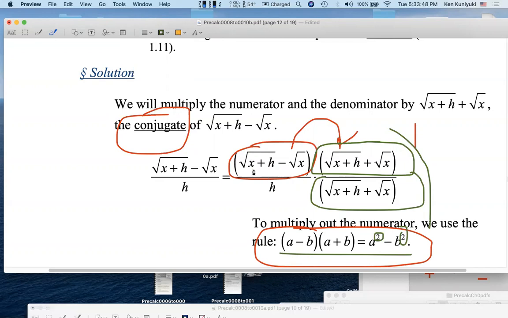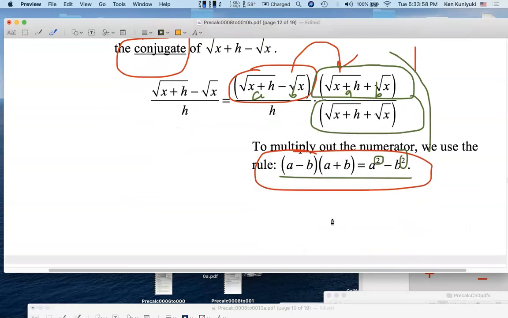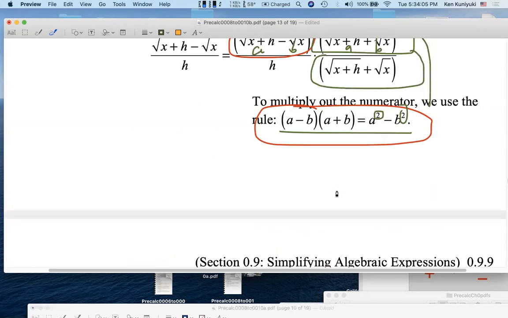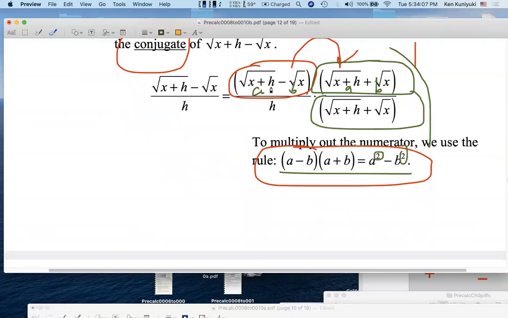So when we multiply a minus b and a plus b, I'll write these in, we end up with a squared minus b squared. On top, a squared minus b squared: the square of the first guy minus the square of the second guy.